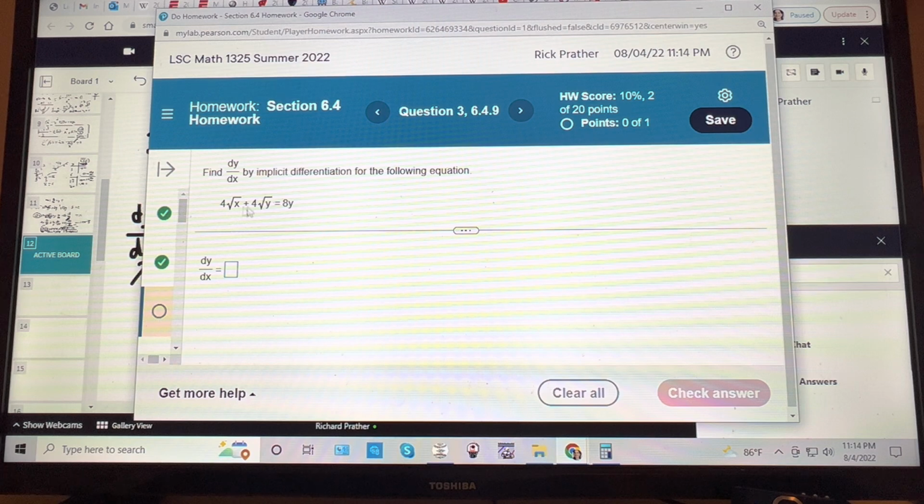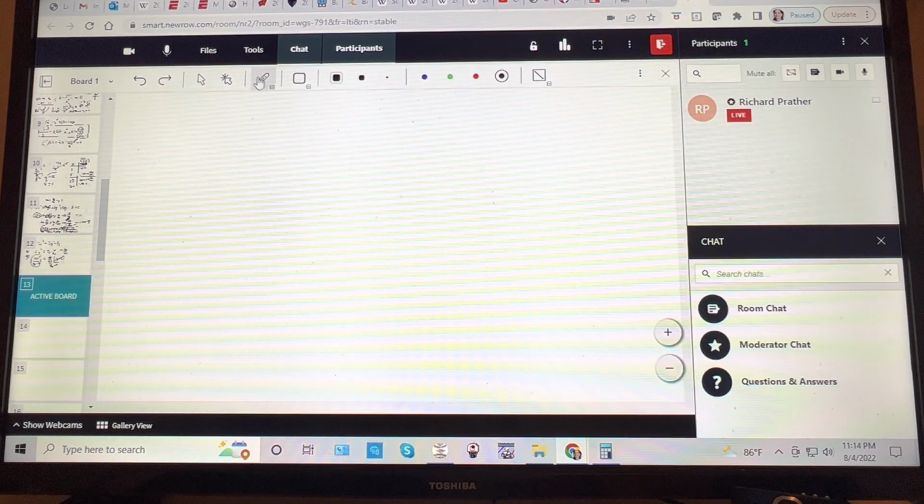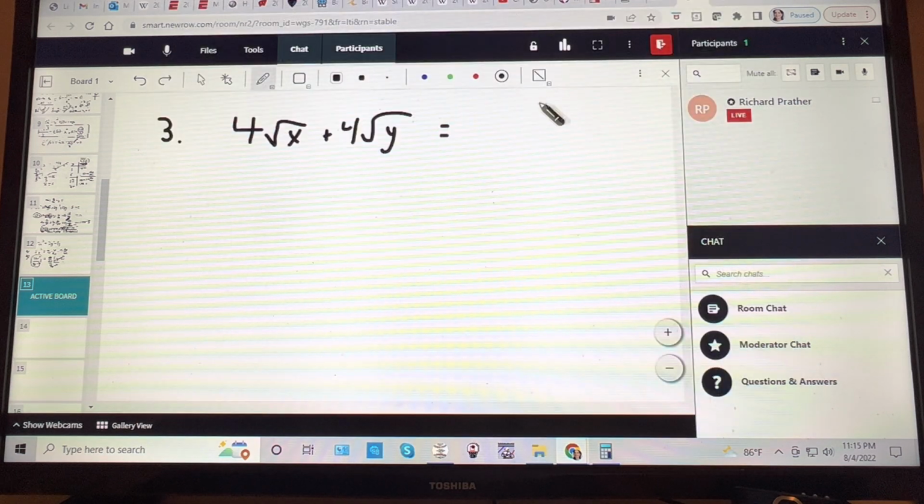Okay, so maybe I'll try that strategy here. Number 3, 4 square root of x plus 4 square root of y equals 8y.